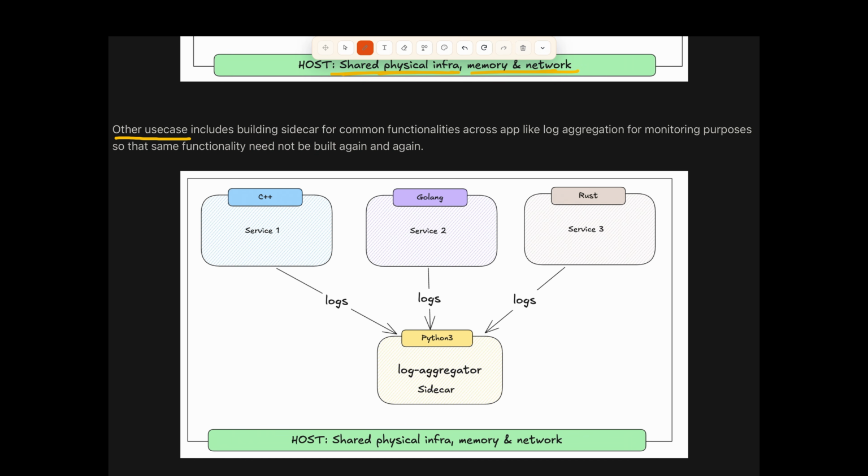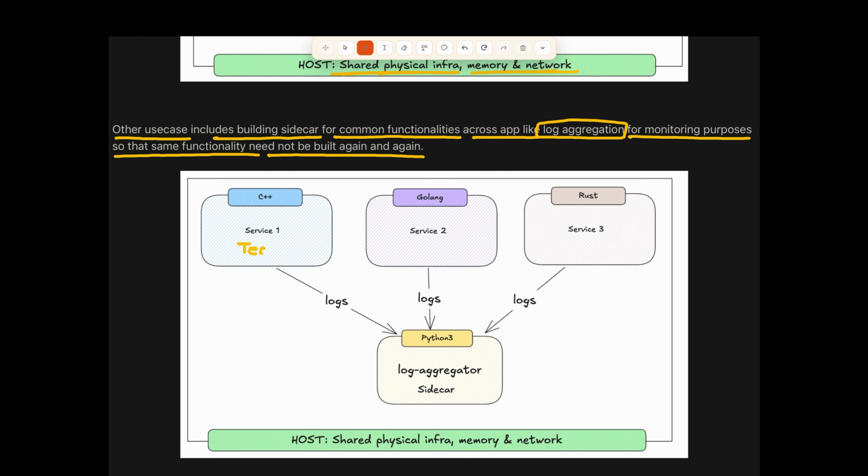Other use cases include building a sidecar for common functionalities across apps like log aggregation, for monitoring purposes, so that the same functionality need not be built again and again. So let's say this is Team 1 service, this is Team 2 service, and this is Team 3 service.